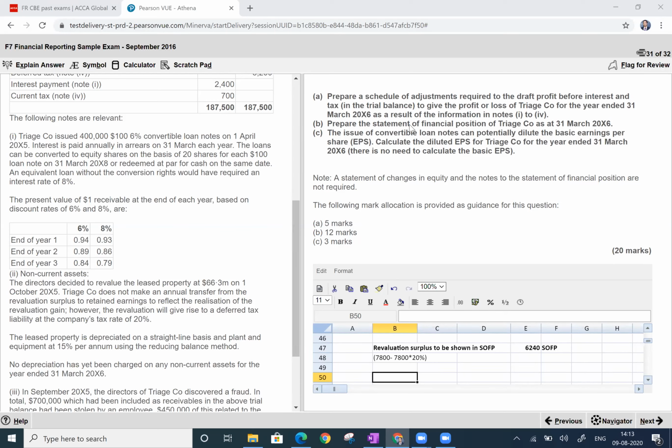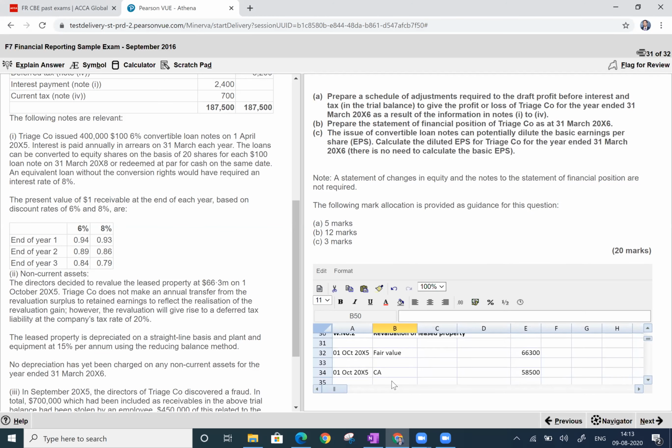So next, what's next? With respect to this itself, they stated that they have not calculated depreciation. So I'm just going to show here itself, working note number 3.